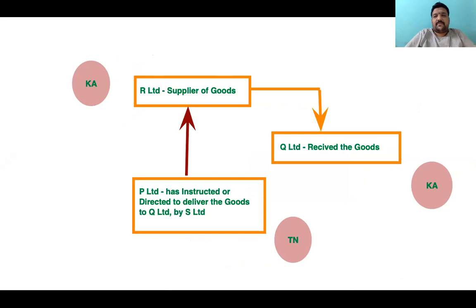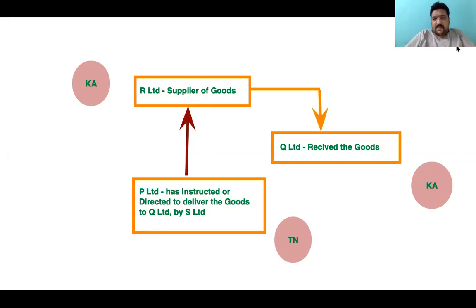In spite of that mistake, the answer will remain the same. Yes, the place of supply will be TN. A lot of you got it right. All of you got it right.